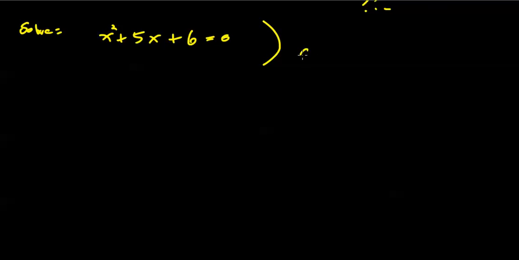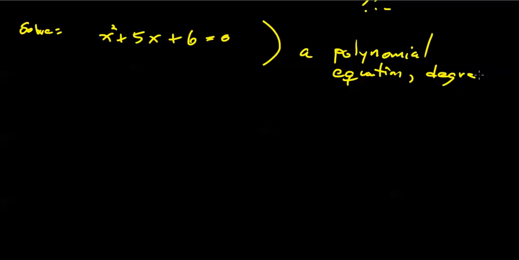Notice, I'll call this a polynomial equation of degree 2. And for obvious reasons, the highest exponent you see on that polynomial is 2. So I'll call this a degree 2 equation.